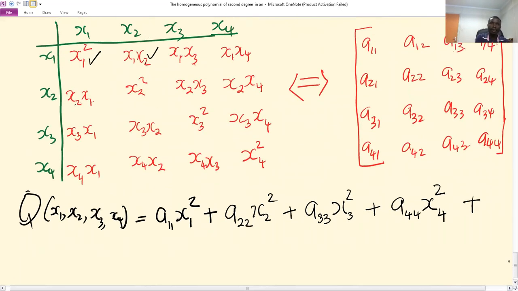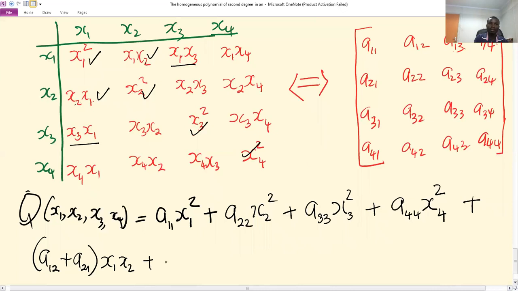now what I said, this is the same as A12 plus this one is A21, then you multiply by x1 x2. So taking care of this, and this one here, and this one will give us A13 plus A31, and then you multiply by x1 x3. So these are taken care of. Next one, let's go to this. This x1 x4 is the same as x4 x1.